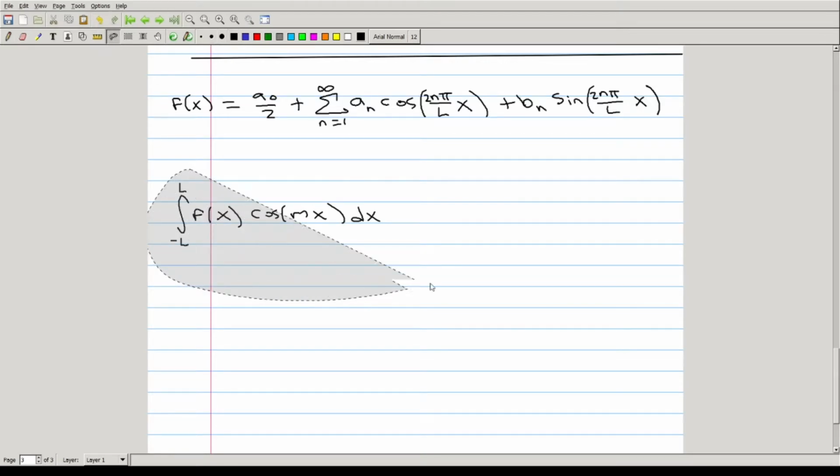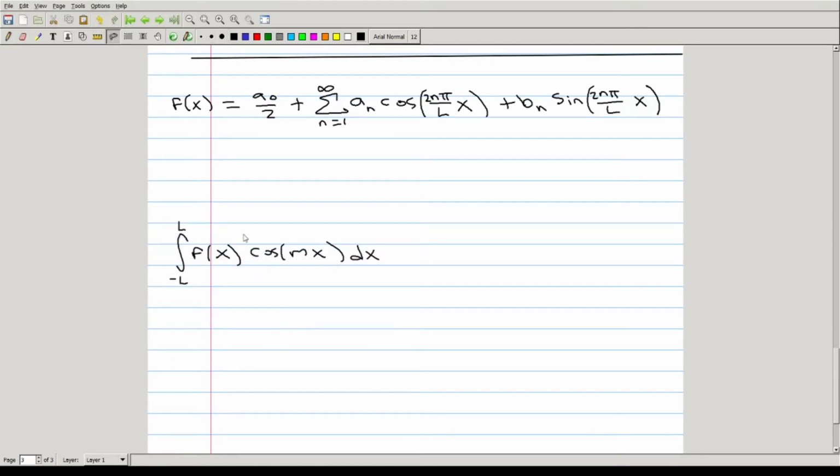Remember that from the previous lecture, this can be seen as the same thing as taking the function inner product of the function f with cosine of mx, with the weight function p of x equal to 1.